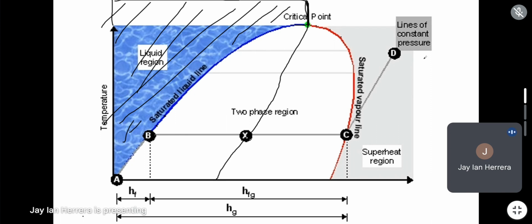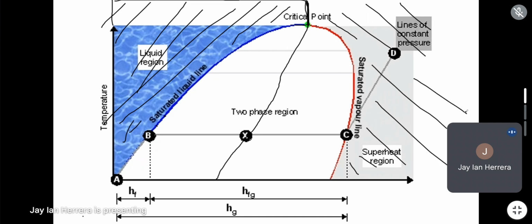And then sa right ng ating critical point or saturation curve line, this is where the superheated region is found. Superheated region meaning it is beyond the saturation vapor temperature and pressure properties. So technically this is a sobrang init na vapor.